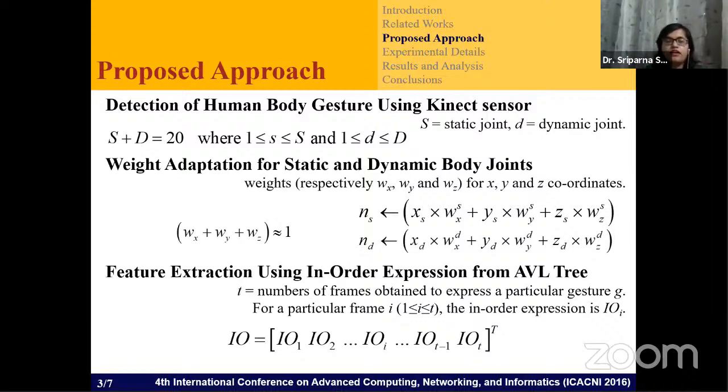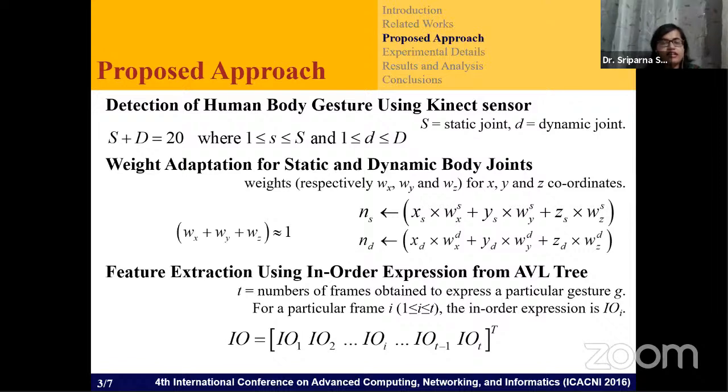In pre-order, the parent node will be at the start. In-order means the parent will be between the left and right children. That is the in-order expression for the AVL tree that has been generated, and that in-order expression is the feature extraction.